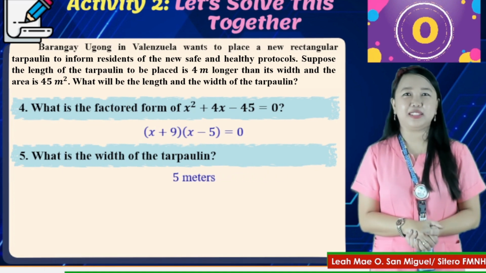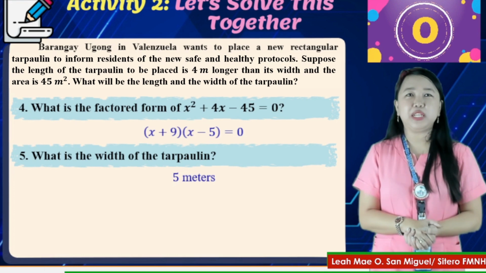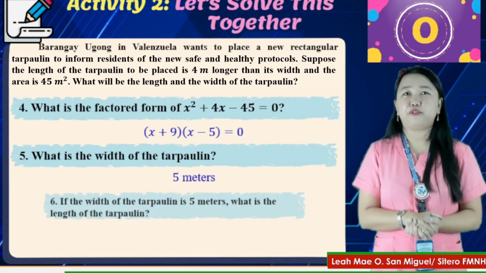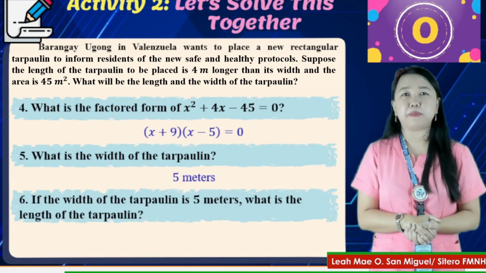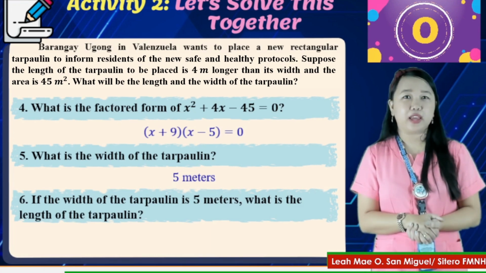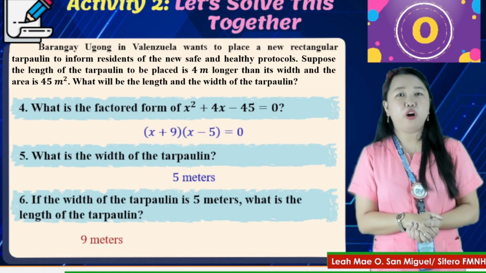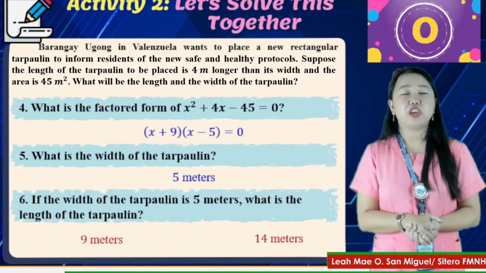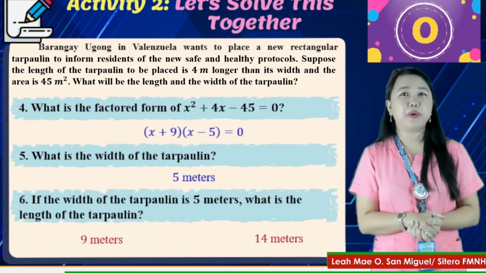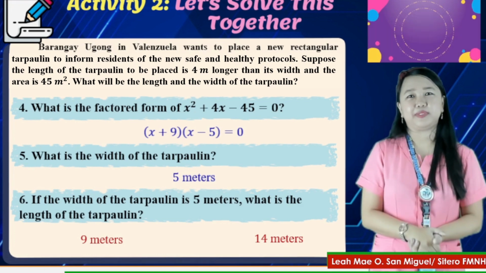Very good. The length of the tarpaulin is 4 meters longer than its width. If the width of the tarpaulin is 5 meters, what is the length of the tarpaulin? Is it 9 meters or 14 meters? You have 10 seconds to comment your answer. Go!